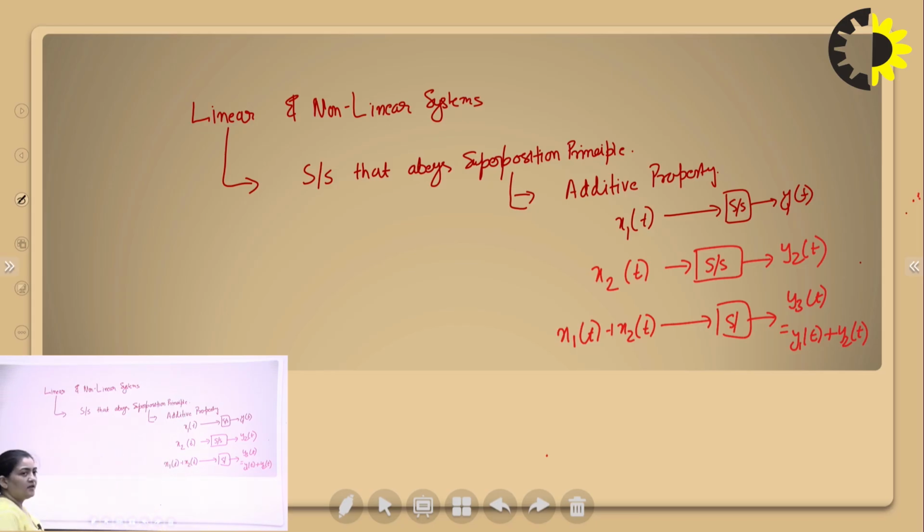So this is the additive property of a system, and the second is the homogeneity property.